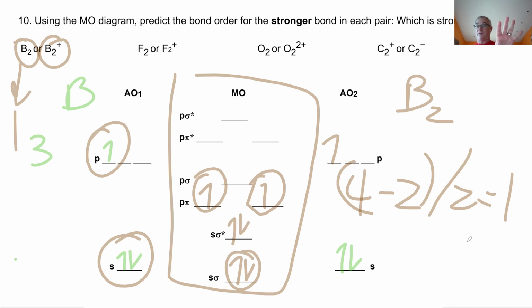So your job is to figure out how many valence electrons are in each pair, where they are in terms of s and p, and then fill them in. And then just say, well, out of B2 and B2 plus, B2 has the stronger bond because its bond order is 1. That's it. And the same thing with B, C, and D.